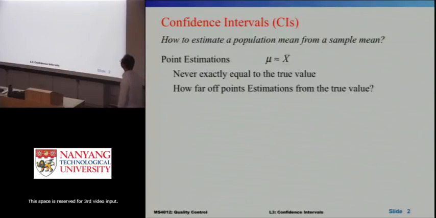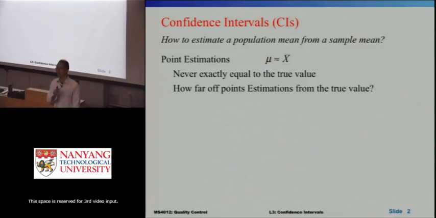We already learned this: we use a point estimation. This is the population mean, and this is the sample mean. We assume that the population mean equals the sample mean. This is the point estimation: we only get 1 data point, then we estimate. This has 2 drawbacks. The first is that it is never exactly equal to the true value, because from sample to sample we get variation.